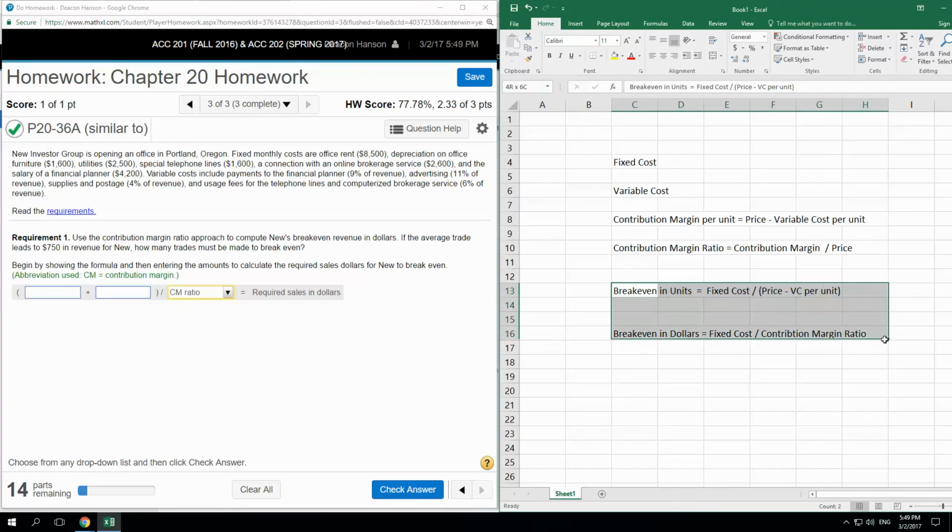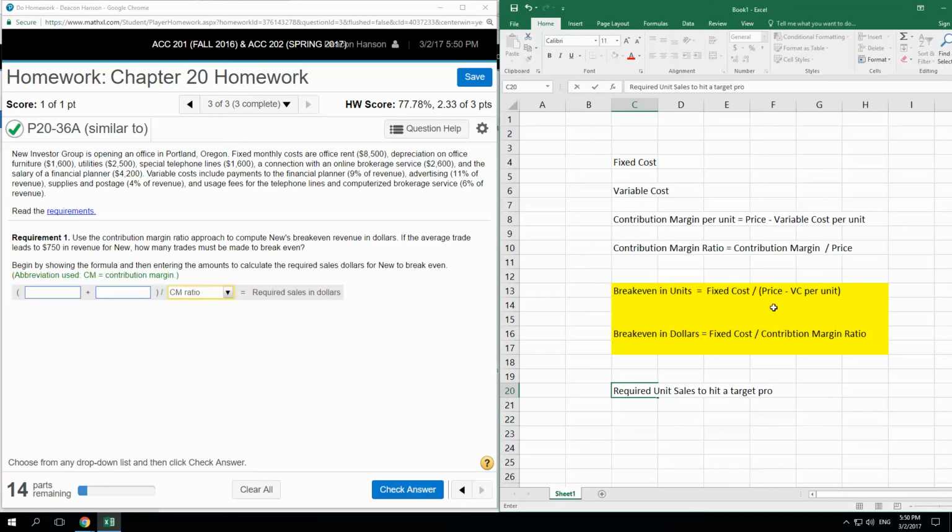Now, these two formulas that I have here in yellow, if you wanted to modify them, this is just going to give us our break even, but if you want to go for a target profit, or required unit sales to hit a target profit, you would take the same formula, fixed cost divided by price minus variable costs per unit.